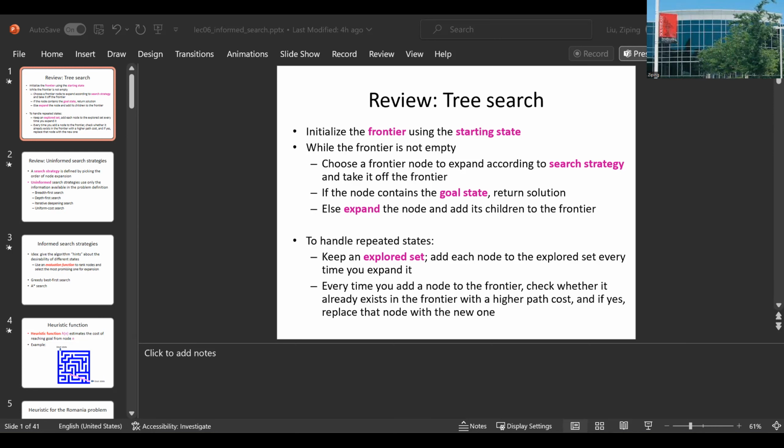F is the evaluation, the cost plus the heuristic. It should be non-decreasing along the path. If it's an optimal path, it should never decrease. That's what happens if it's consistent.